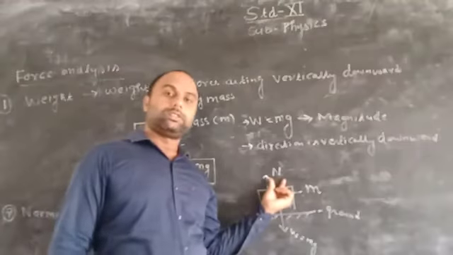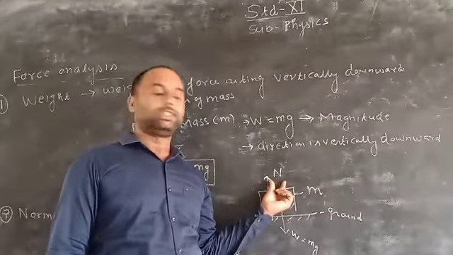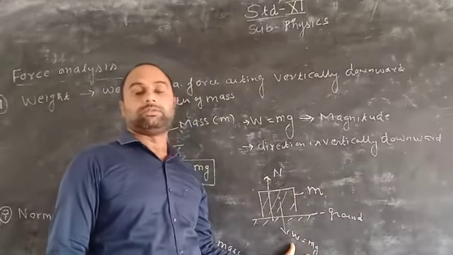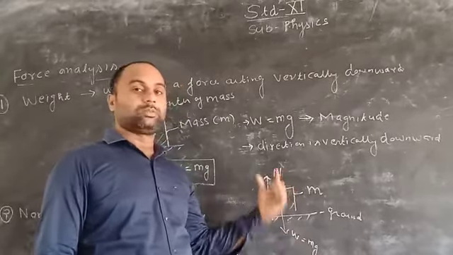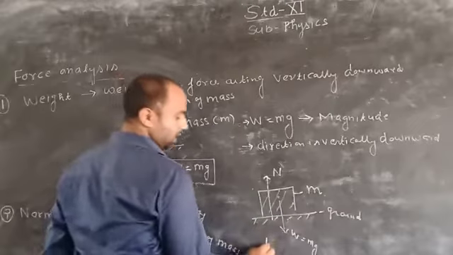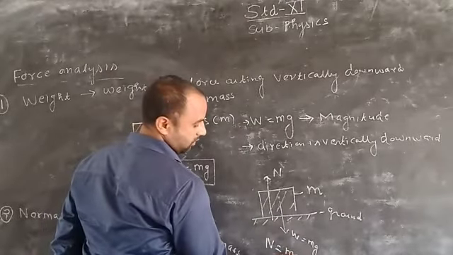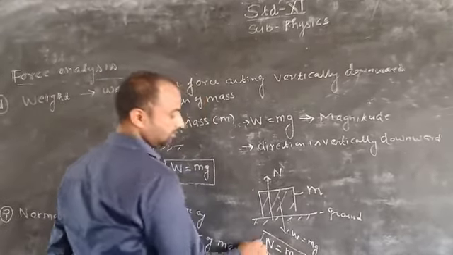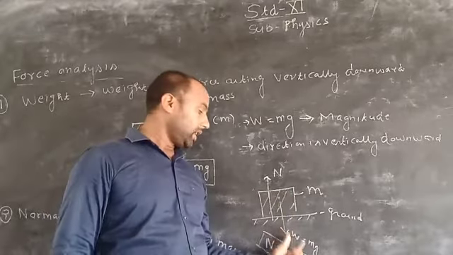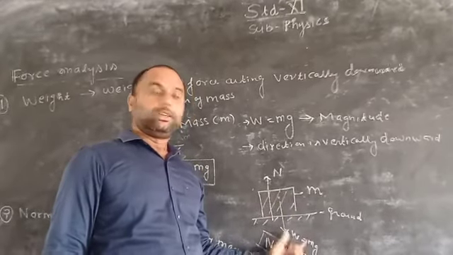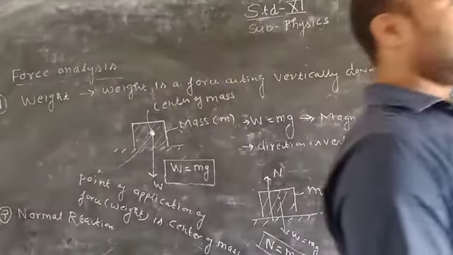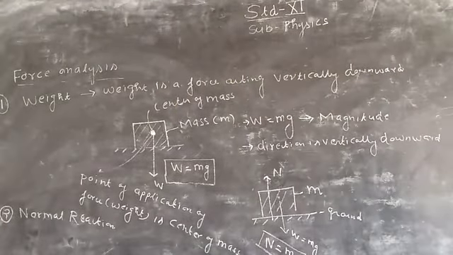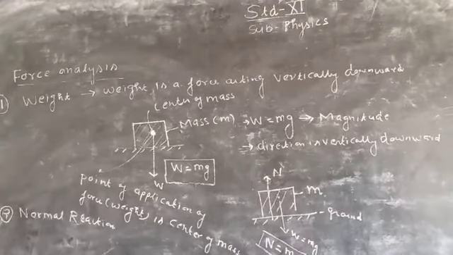Why does this normal reaction come? It comes due to the weight of the body. Here the normal reaction is equal to mg. This is the same as the weight of the body. If the block is placed on a horizontal surface, then the normal reaction is equal to mg. If the block is placed on an inclined plane, then mg is not equal to the normal reaction.